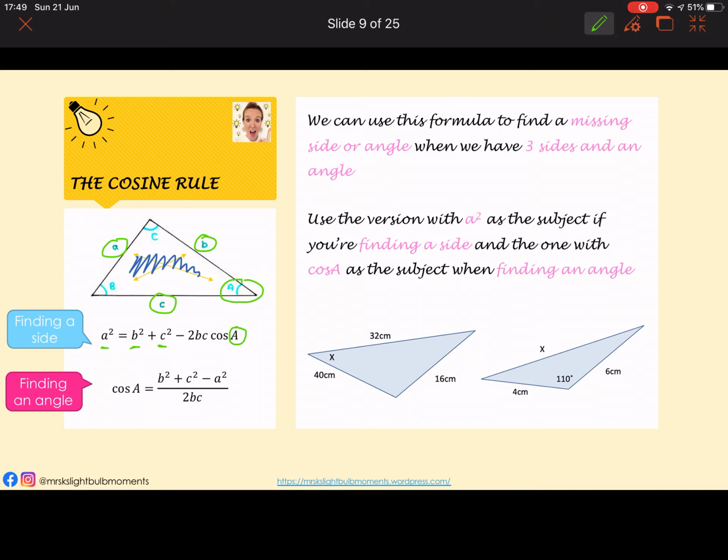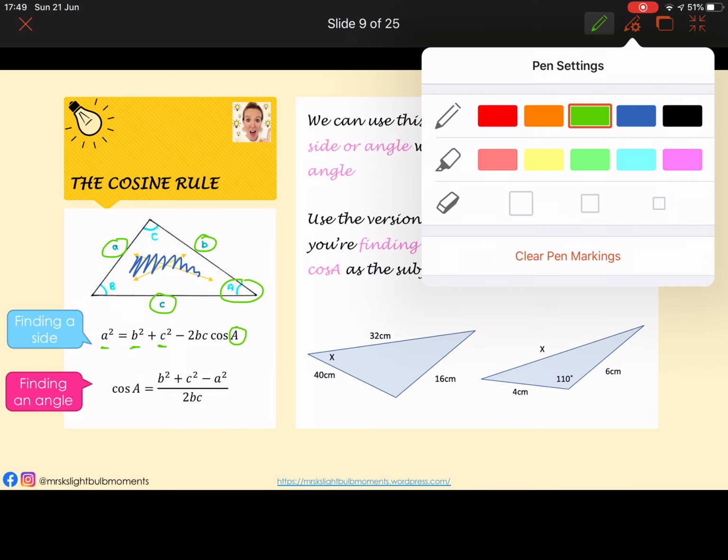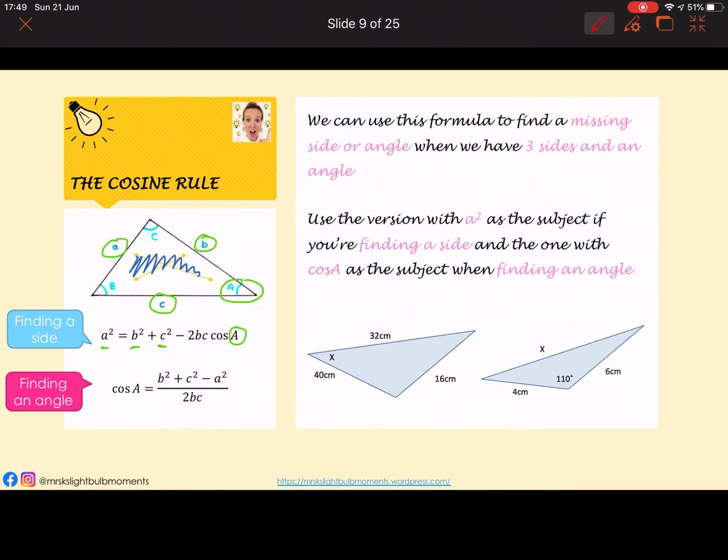If we look at the first triangle, we have got an angle. We could call that A. For our formula, we need it to be an A this time. That means we've got a, b and c. Lovely. We could use cosine for that. We're trying to find the angle, so we would use this version here to make it easier.